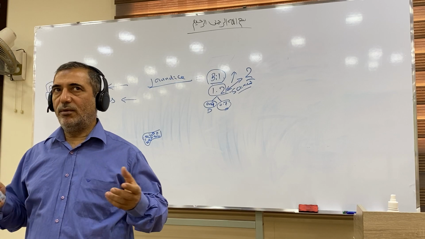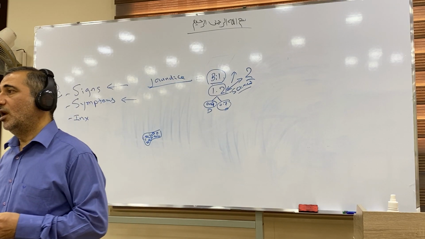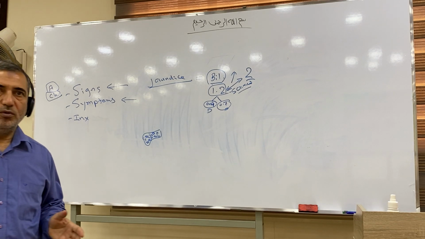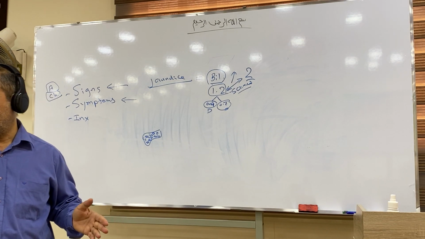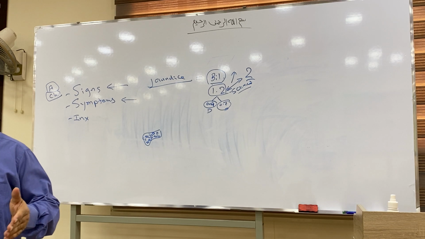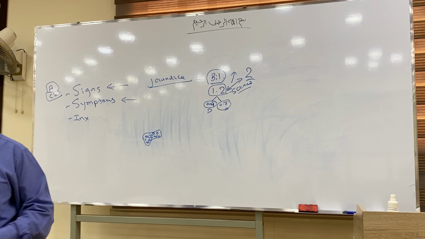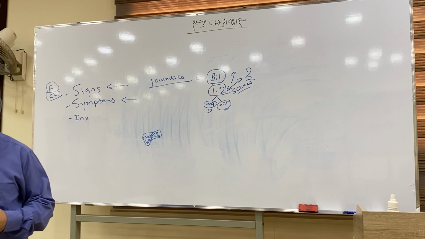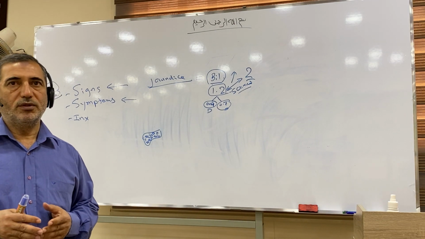Spider nevi are very commonly found in patients with alcoholic liver cirrhosis. Some patients have fatty liver, called non-alcoholic fatty liver disease; there the spider nevi do not appear as obviously as in alcoholic liver cirrhosis.